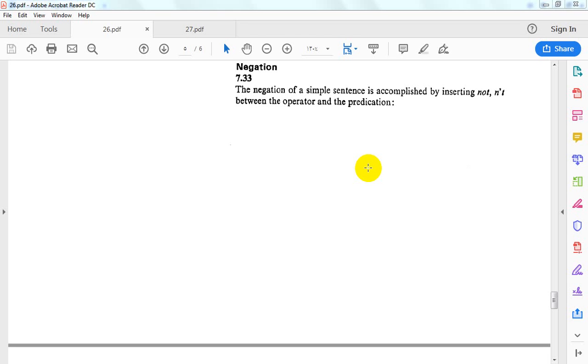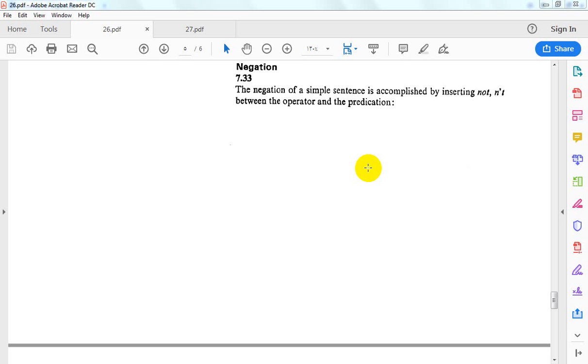Come back again. What we have is another dimension in the simple sentence, which is negation. All of us at this stage of study know how to negate a sentence.